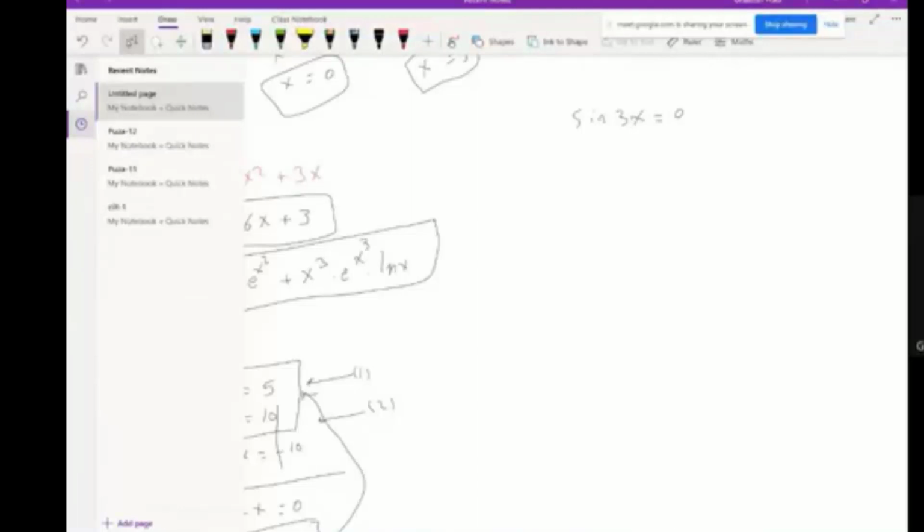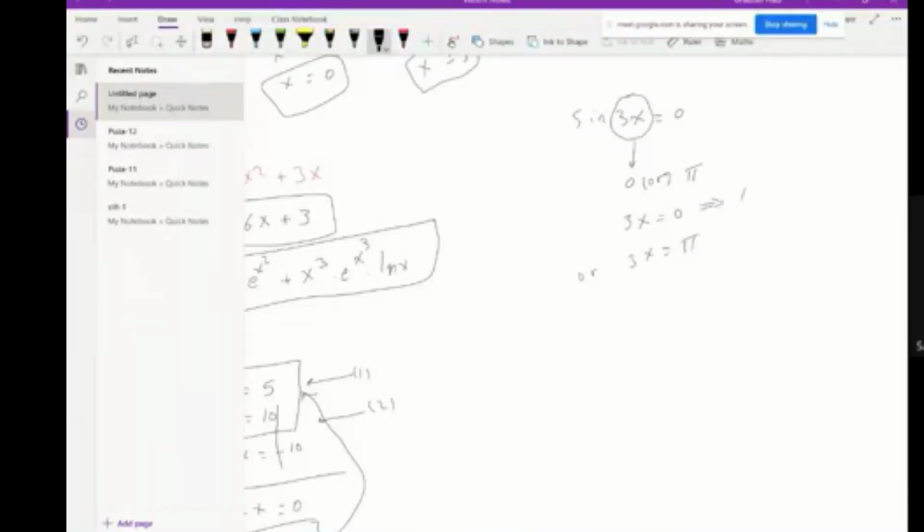I have to ask myself, when sine of an angle equals 0, when does this angle equal what? Equals 0 or pi. Excellent. That means 3x equals 0 or 3x equals pi.